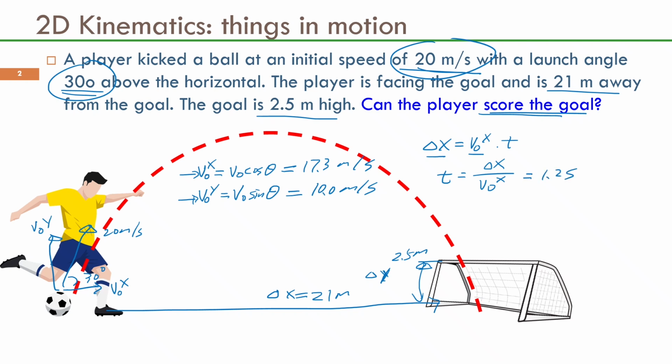So if the ball travels from this launching point to the goal, which is a 21 meter horizontal displacement, it takes 1.2 seconds. Then we just need to check whether the vertical displacement is correct or not. For the vertical displacement, we know the initial vertical velocity. We also know the vertical acceleration, which is minus g.